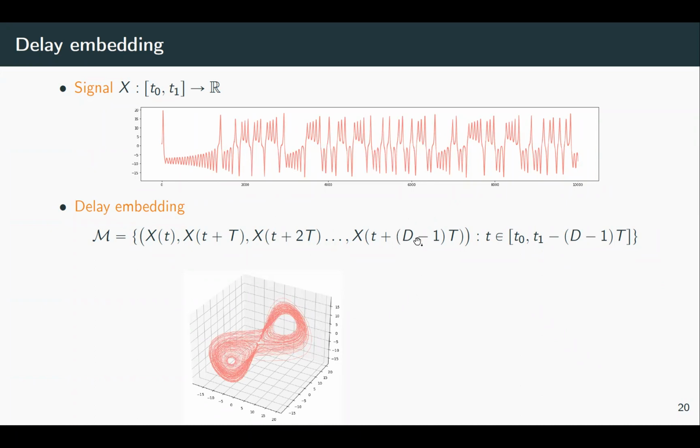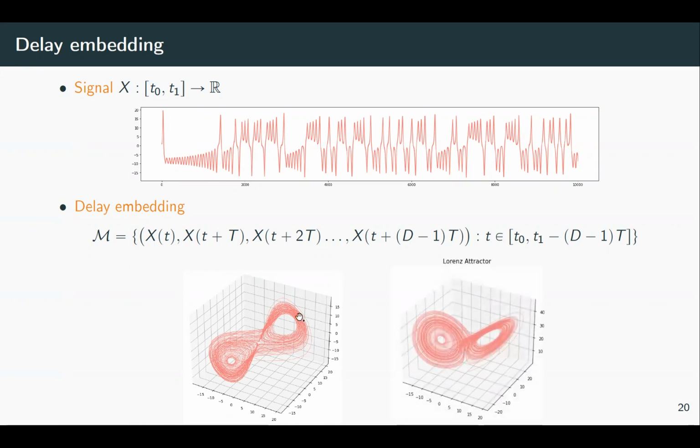You have to choose two parameters: D is the embedding dimension, and T is the delay that you use to compute the delay embedding. And there is a theorem that says that the topology of this embedding is the same as the topology of the underlying attractor associated to the underlying dynamics.